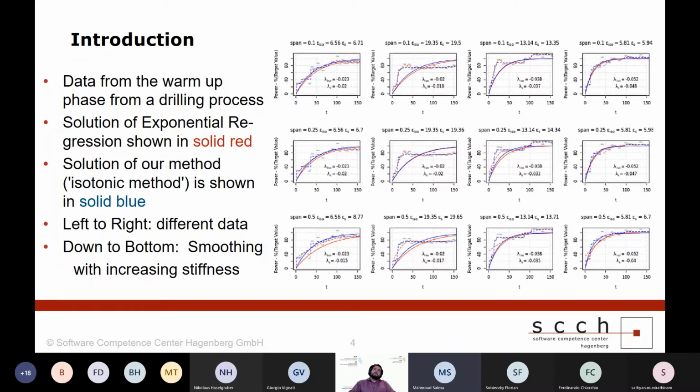As we go from up to down, in each column you have the same data, and as you go down you have a different span, which is the parameter that's used for the smoothing in the naive method, which is in red. And here we can see that typically our method, the blue isotonic method, outperforms the other method, the exponential regression method.